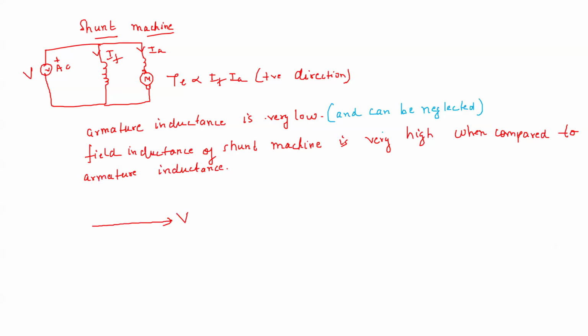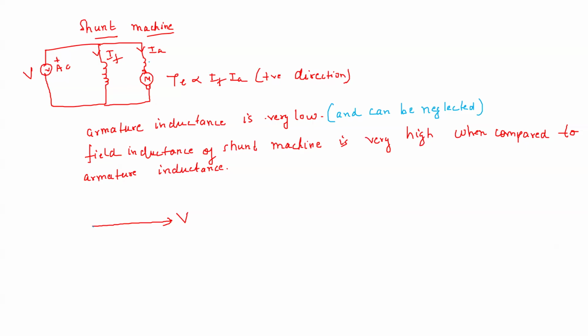If you have something to ask, yes, okay. So now, as I was discussing, the VAC supply is in this direction, let us suppose this is our voltage phasor. Okay. Now what will happen to IA? Because armature inductance is very low when compared to armature resistance, we can neglect armature inductance.